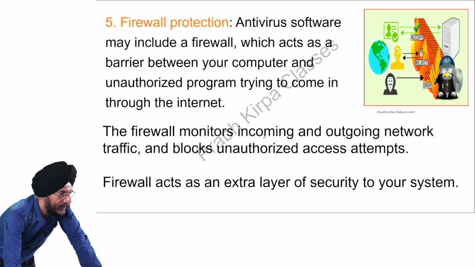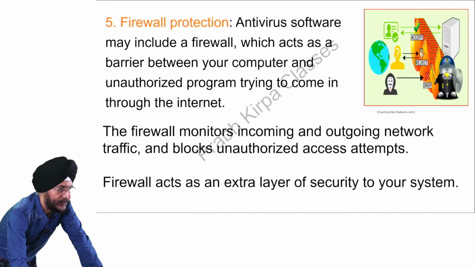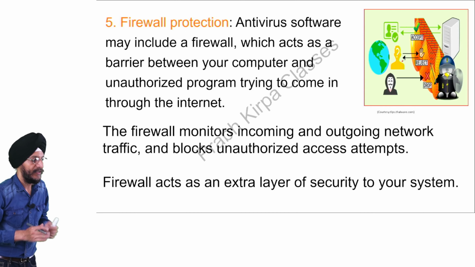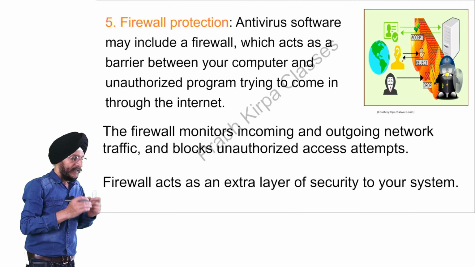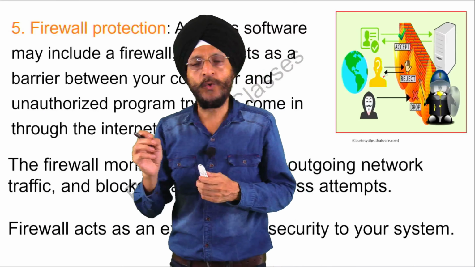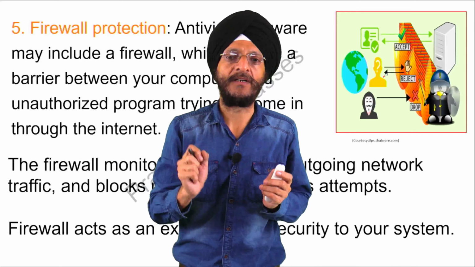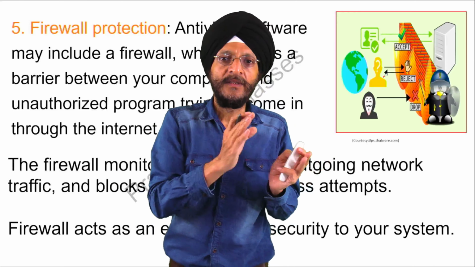The firewall monitors incoming and outgoing network traffic and blocks unauthorized access attempts. A firewall acts as an extra layer of security cover for your system. It is just like a bodyguard to your computer system.